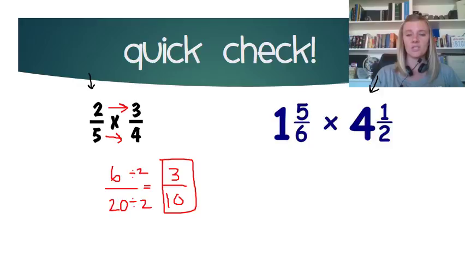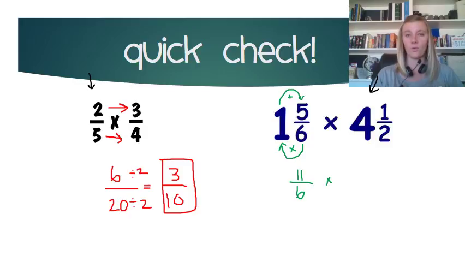So to change these to improper fractions, we're going to take the denominator and multiply by that whole number. So that gives me 6 on this first one. And then we're going to add our numerator to that number. So 6 times 1 is 6, plus 5 is 11. That becomes my new numerator. My denominator stays the same as it was.